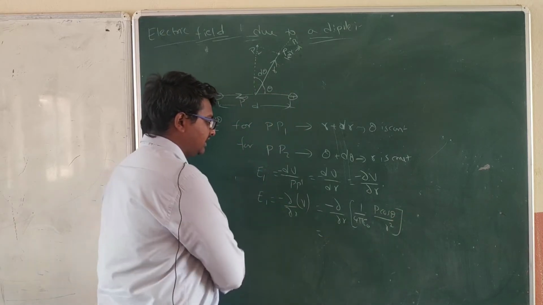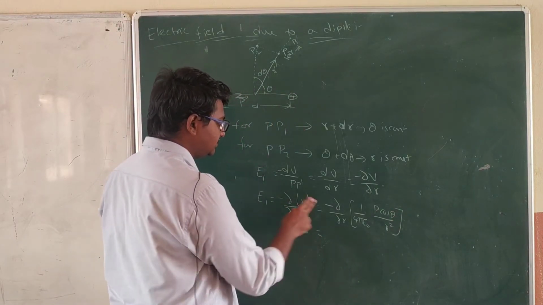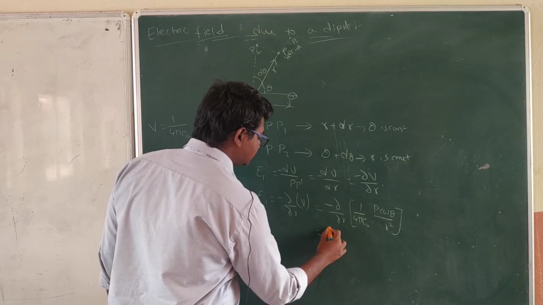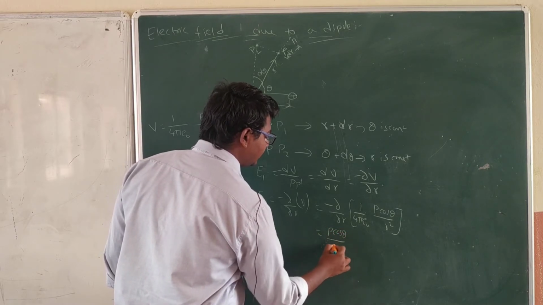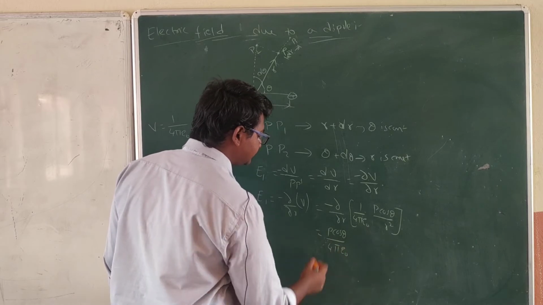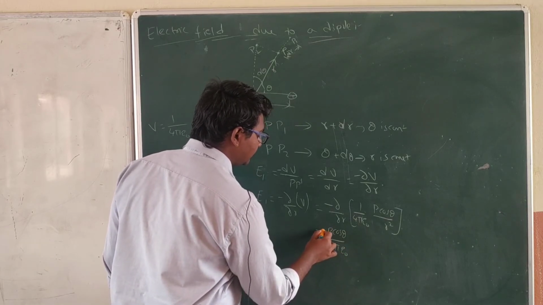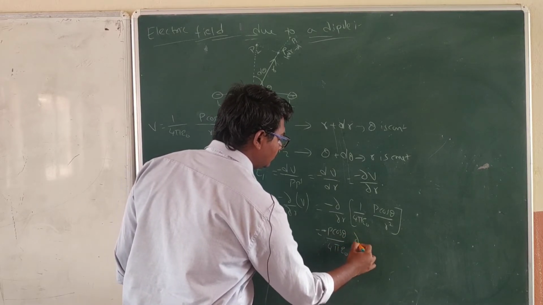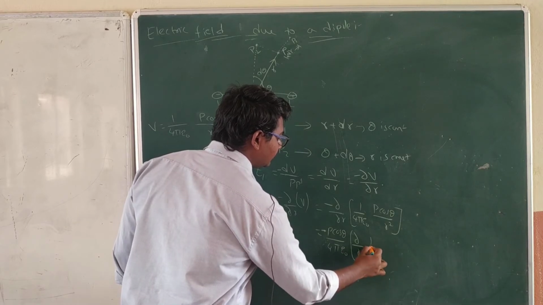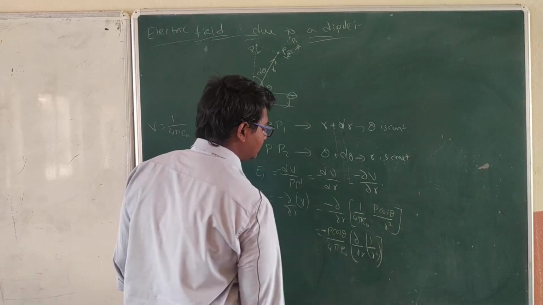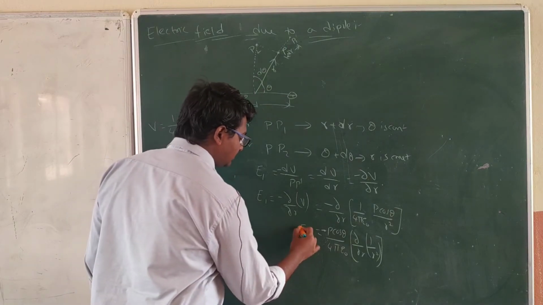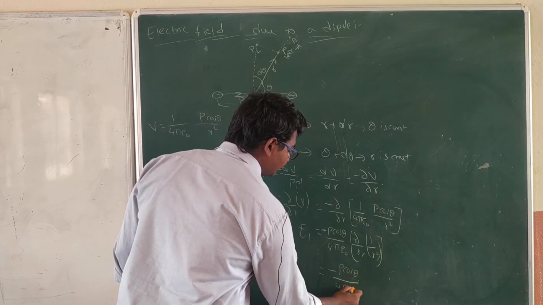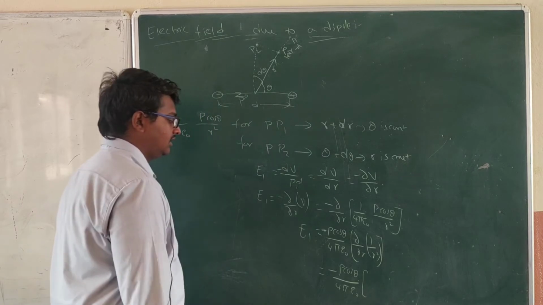As the minus sign is there, we keep it outside, and whatever constant terms are there we bring them out. That is minus P cos theta divided by 4 pi epsilon naught, into dou by dou r of 1 by r square.